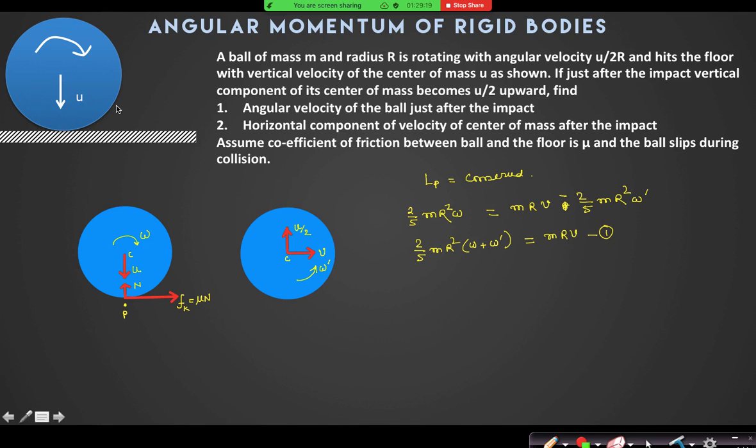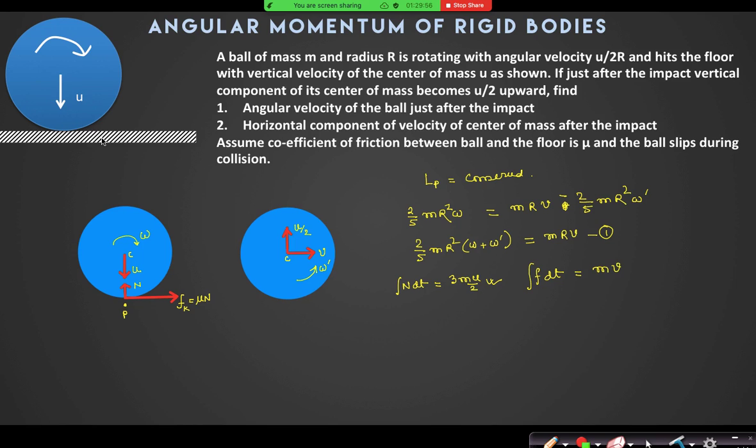In terms of the vertical component, I can only find it by the integral of n dt. The integral of n dt is equal to 3mu by 2, and the integral of f dt is equal to mv.